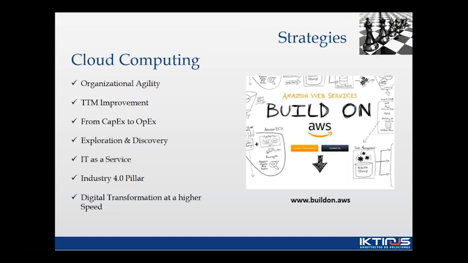From capital expenses to operational expenses: we're used to buying assets, a server, a storage. It's one more company asset, like a truck, a warehouse, a building, an office. This type of infrastructure is the same. It's one more asset.